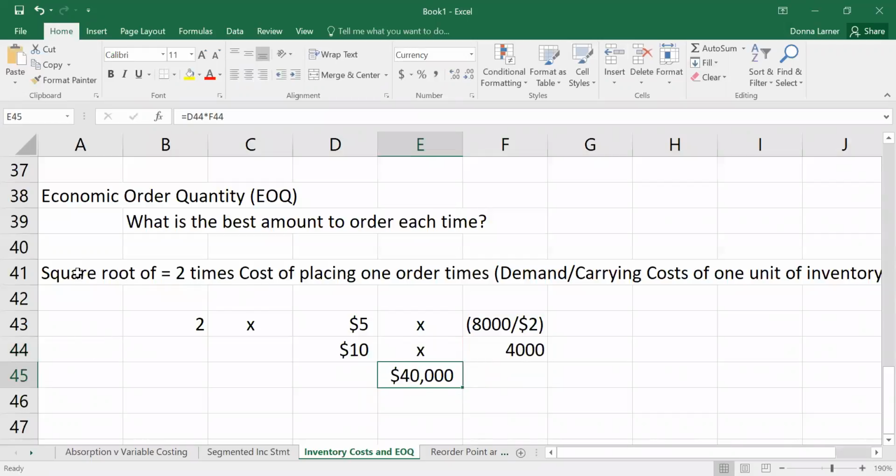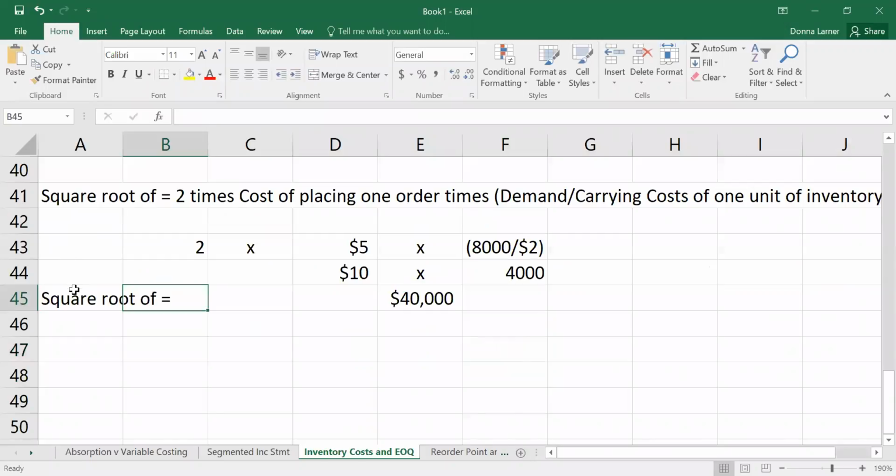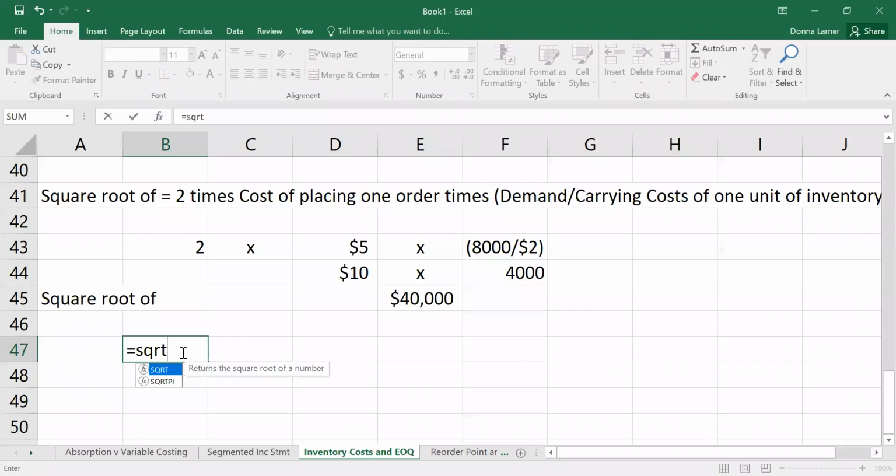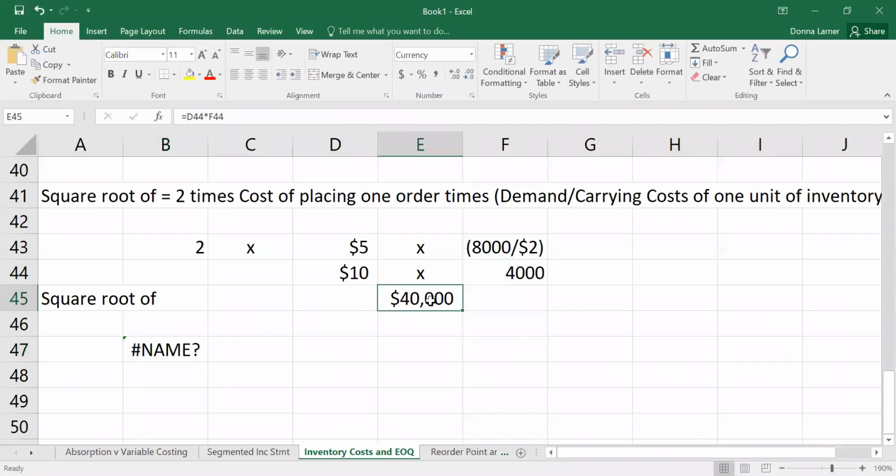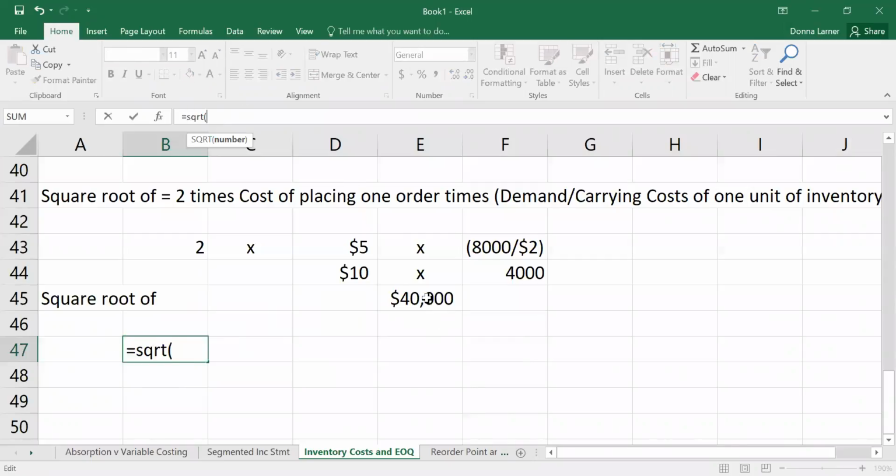But remember, we still have to find the square root of it. So we're looking for the square root of 40,000. Excel will do square roots for you. Type SQRT, square root, and then touch the number you want the square root of. Well, typically, how about a parenthesis and then touch the number? I always like to forget the parenthesis.